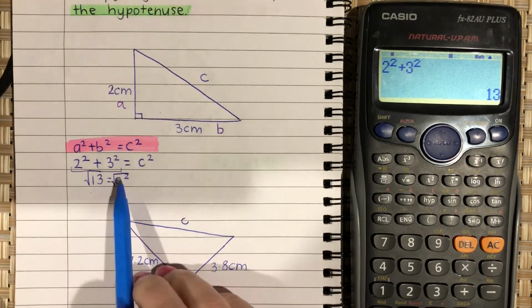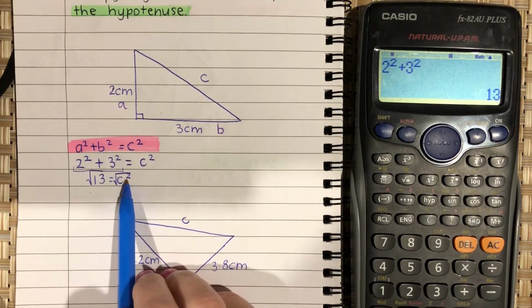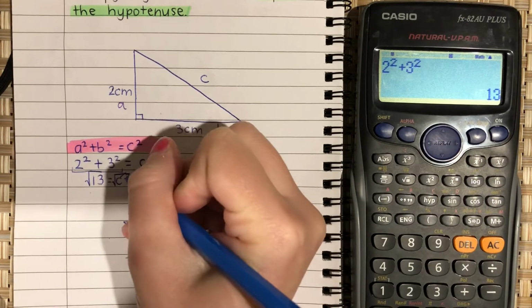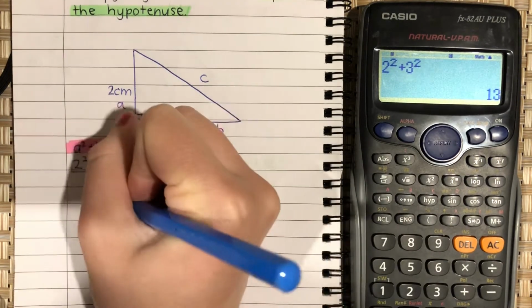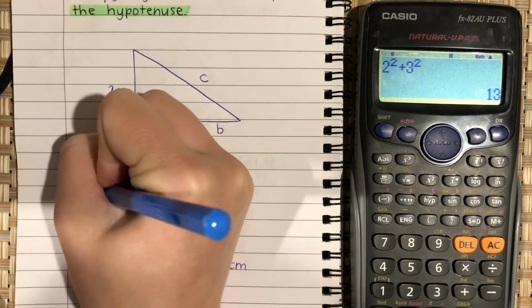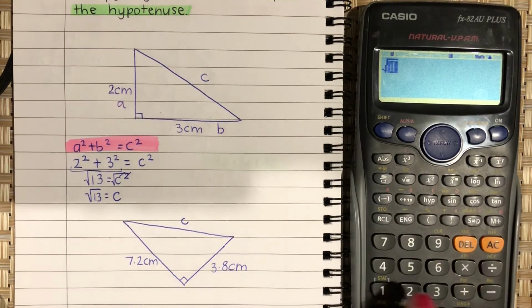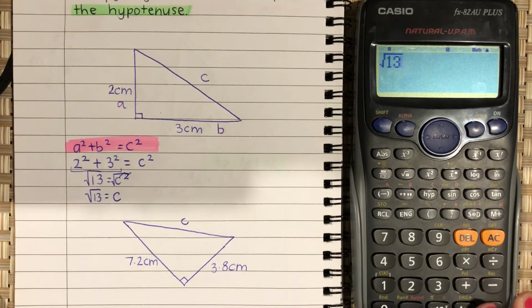What happens when you have a square root and a squared? Well, they cancel each other out. So you can cross them both out and you're left with just c. So c equals square root 13. And what's square root 13? 3.60555, blah, blah, blah.